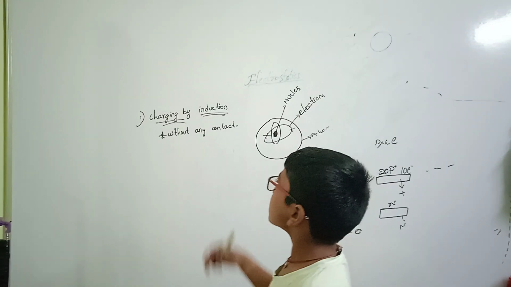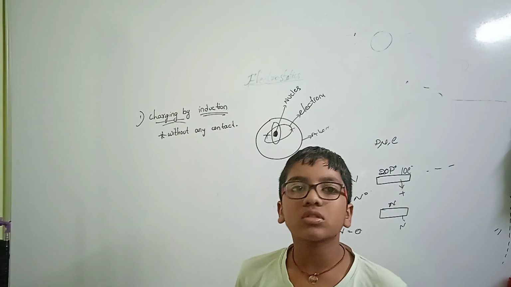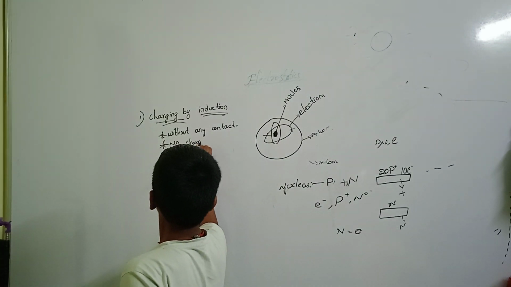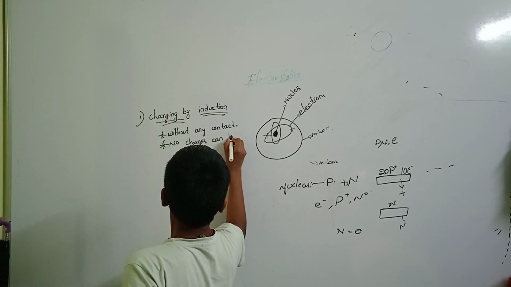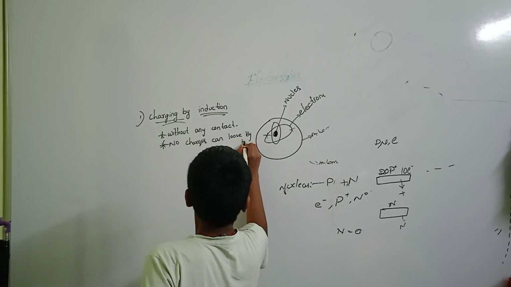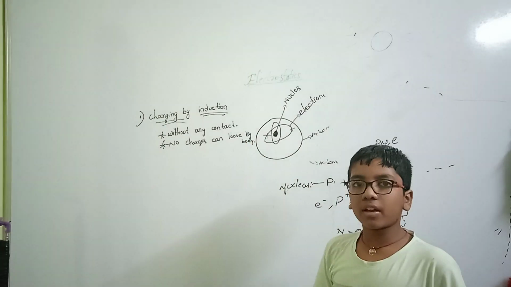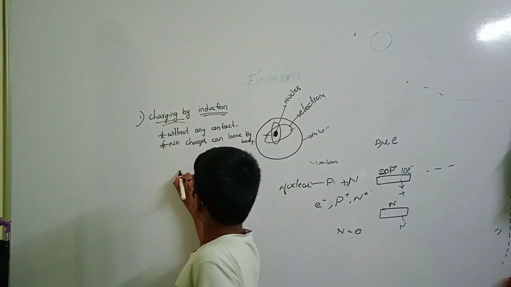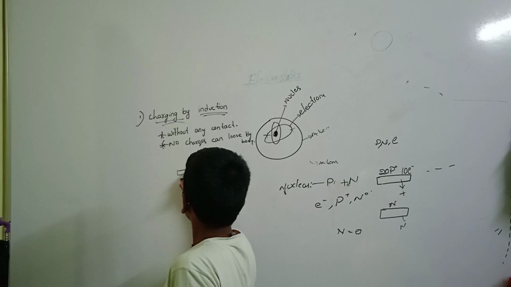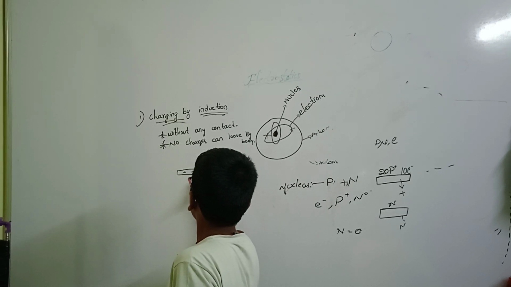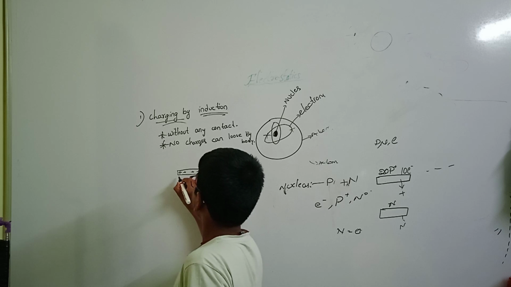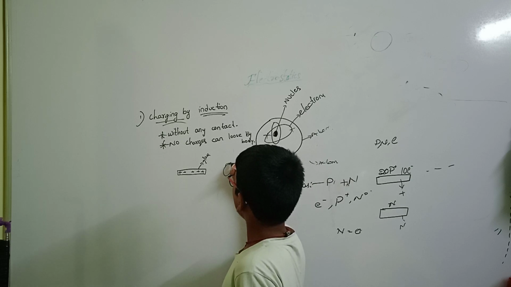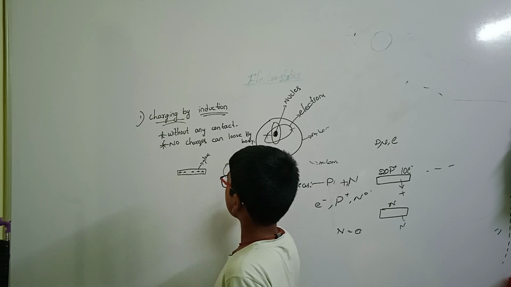In charging by induction, no charges will be lost by anybody. For example, take a positive glass rod and a neutral metallic sphere, which contains plus and minus charges.